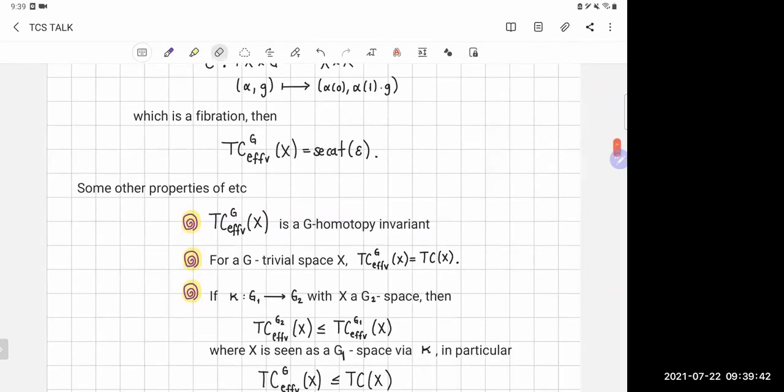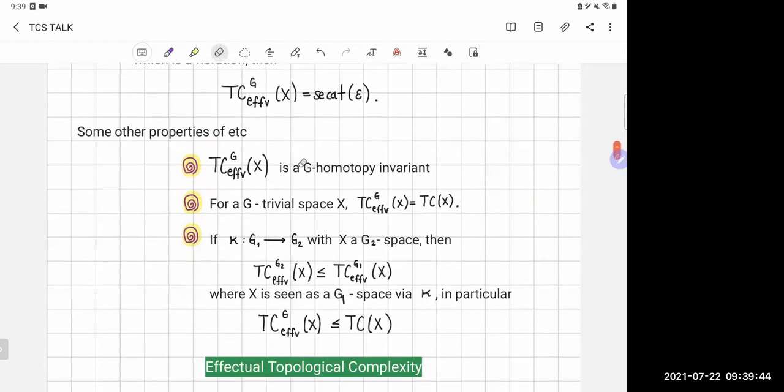And another property is that our effective TC is a G-homotopy invariant. For a G-trivial space X, we recover the standard TC.